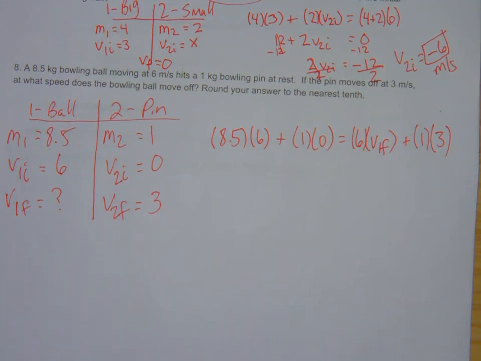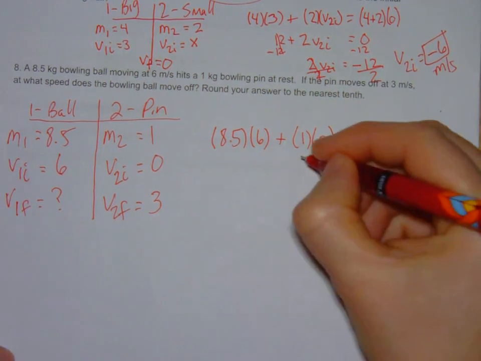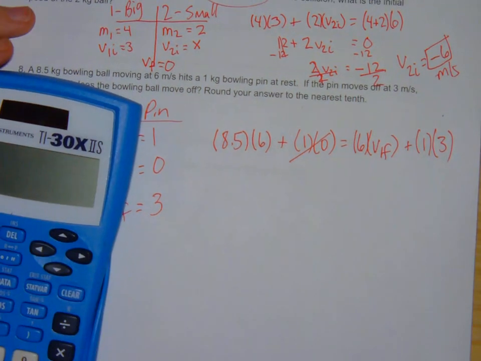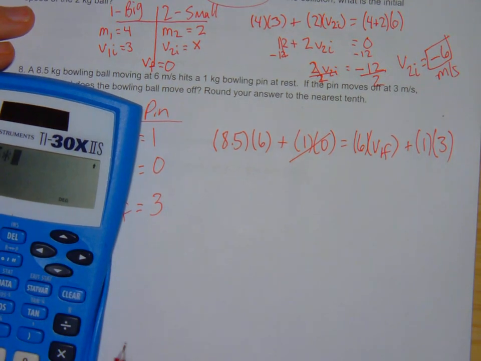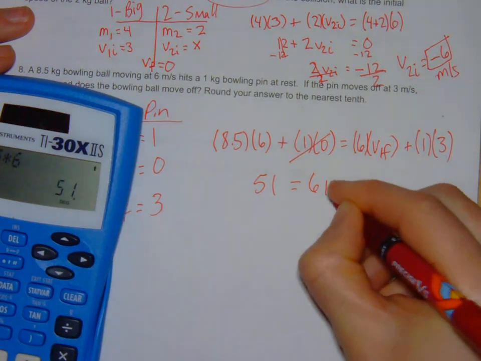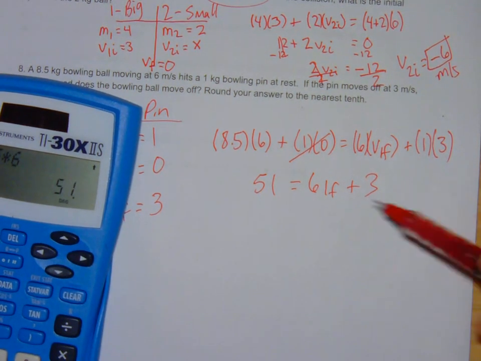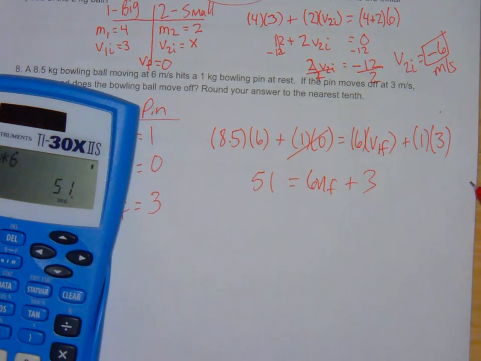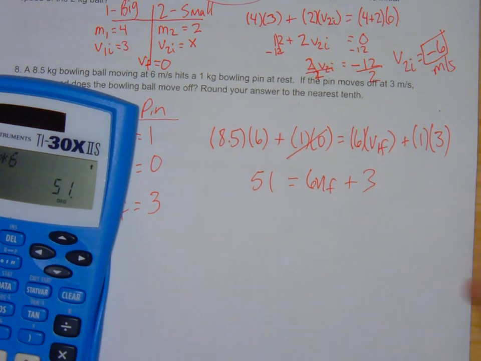Okay, I would not just rely on myself here. Make sure you can do the order of operations correctly. This V1F is really just an X. Oops, V1F, sorry about that. So 6V1F.